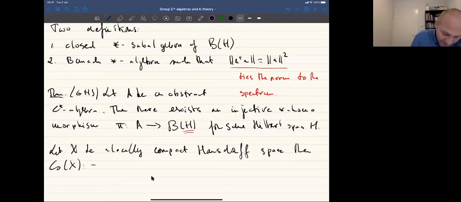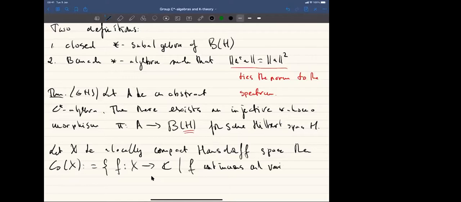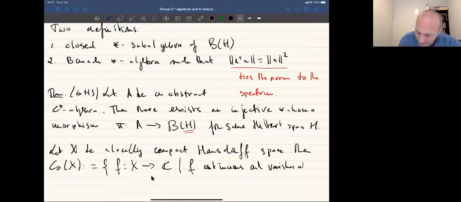C0 of X, which I define to be the space of continuous functions f that vanish at infinity.